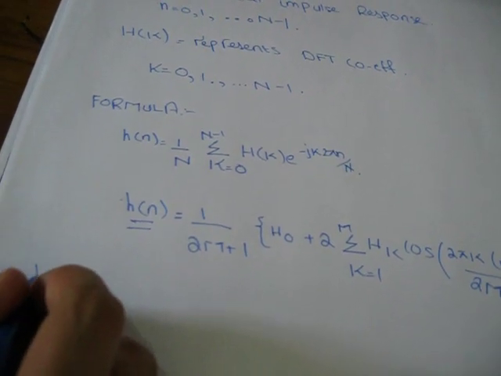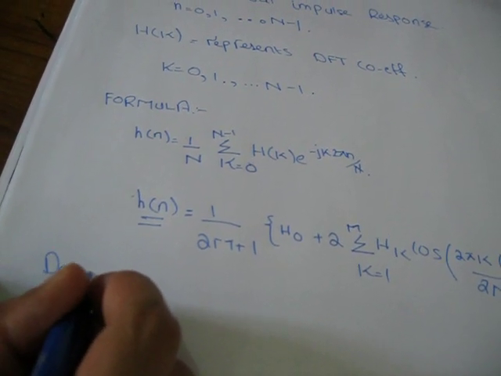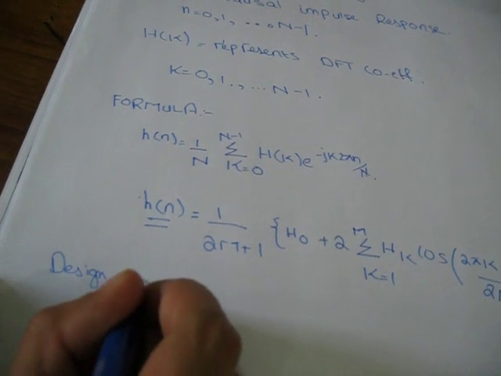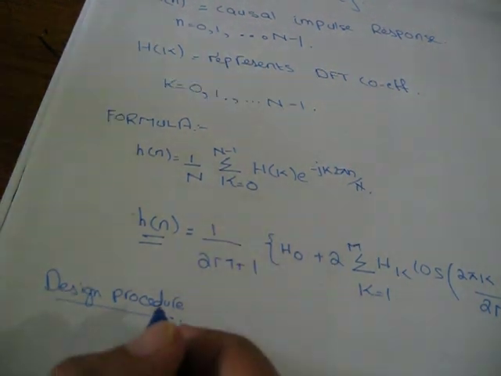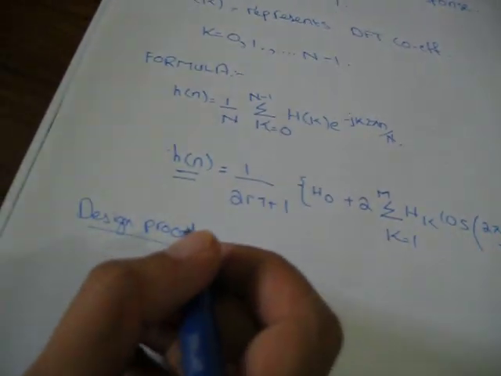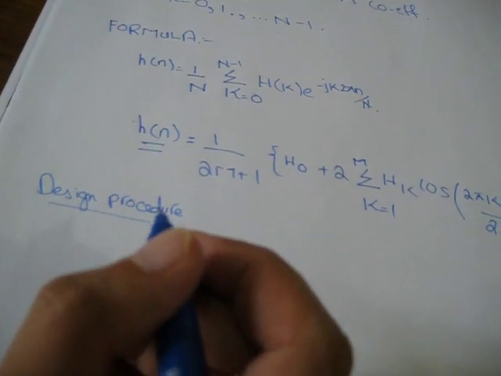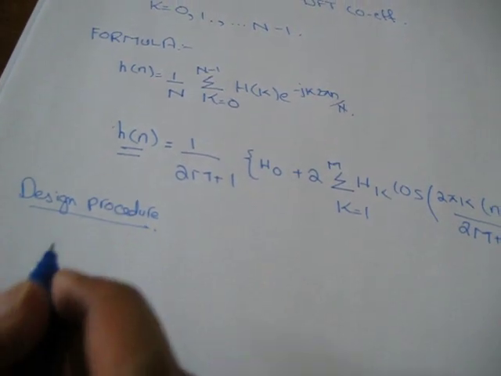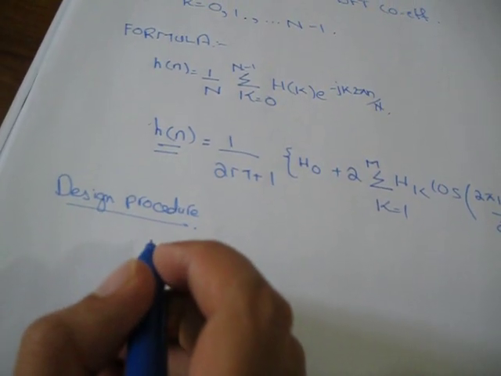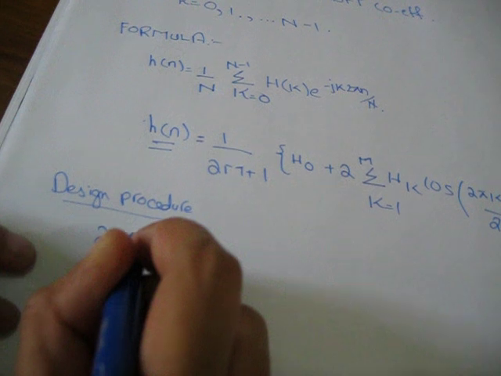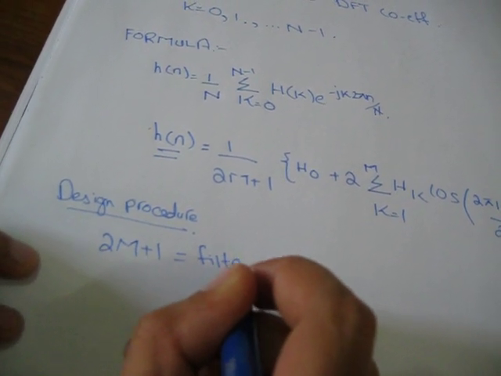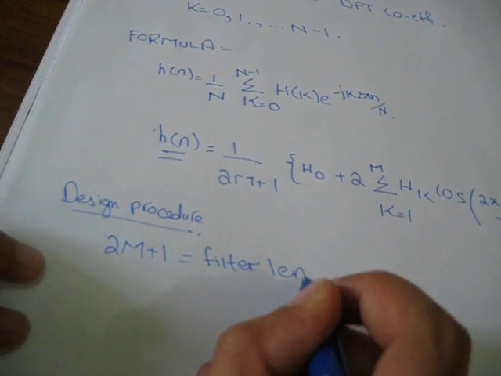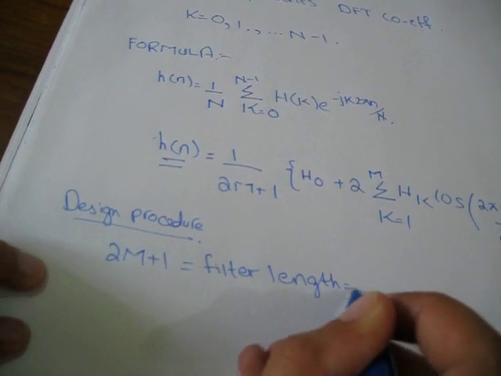Now discussing the design procedure. The design procedure is as follows. First, we know that 2M plus 1 is the filter length, and this filter length is always given to us.